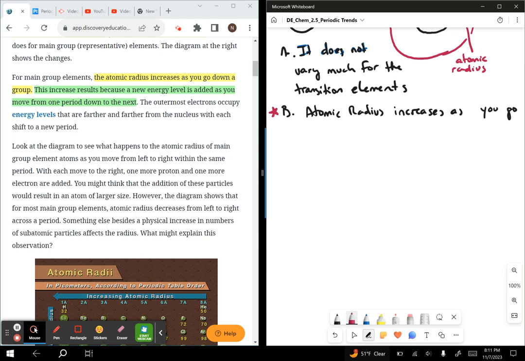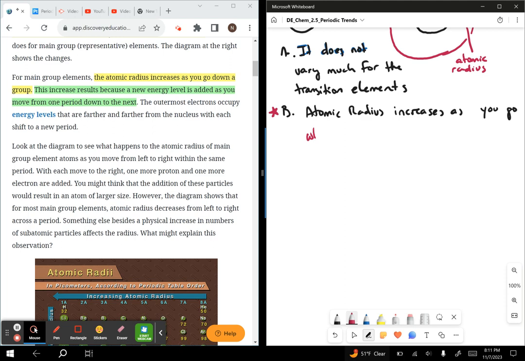This increase results because a new energy level is added as you move from one period down to the other. The outermost electrons occupy different energy levels that are further and further from the nucleus with each shift to a new period. So why does it increase?